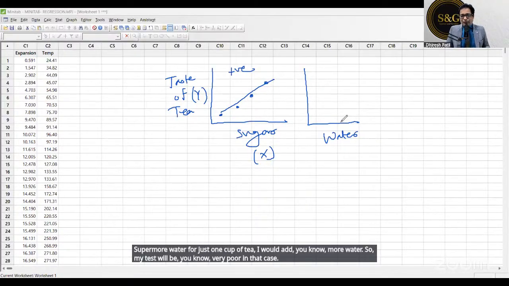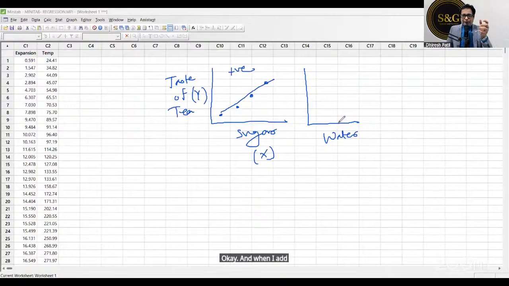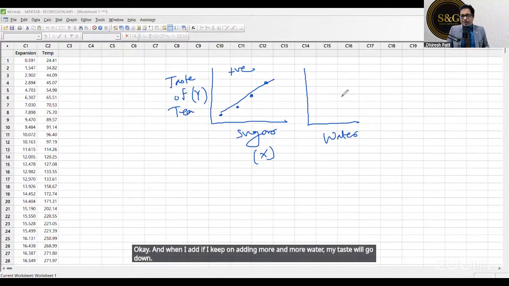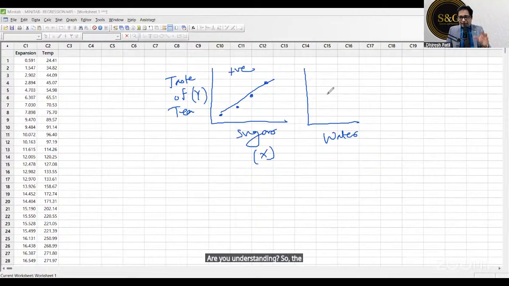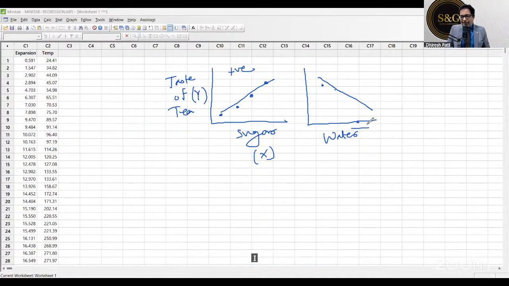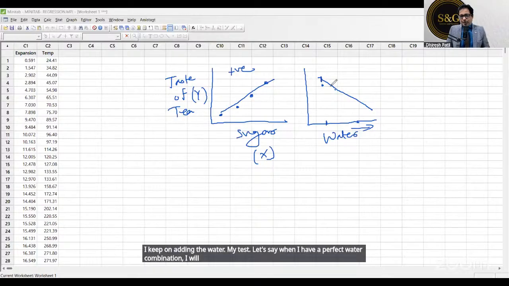If I keep on adding more and more water, my taste will go down. Let's say when I have a perfect water combination, I will have the best taste. But if I keep on adding water to my tea, my taste will go down. This is called negative correlation.